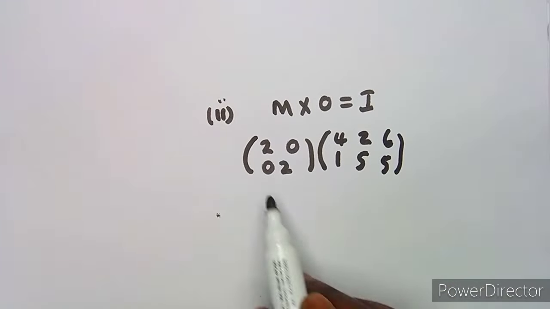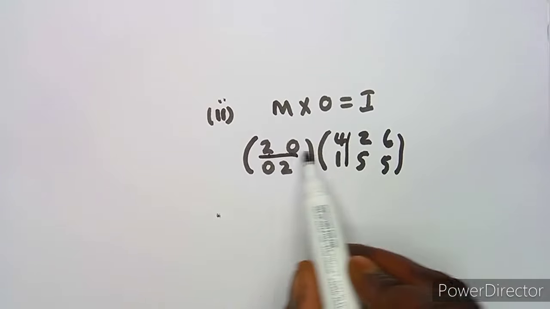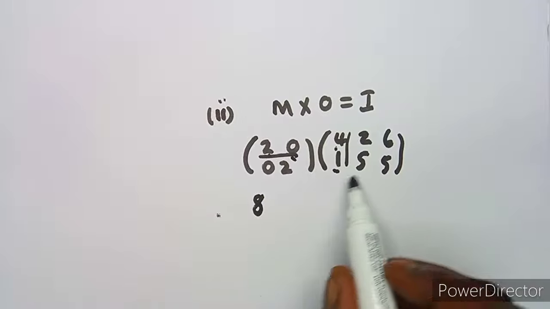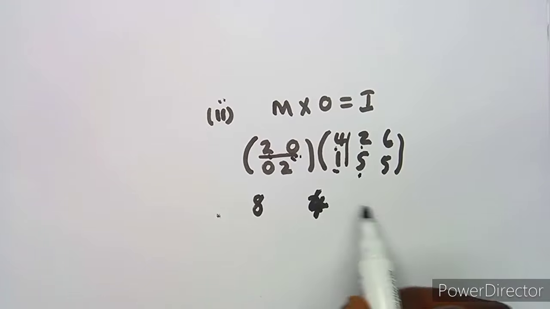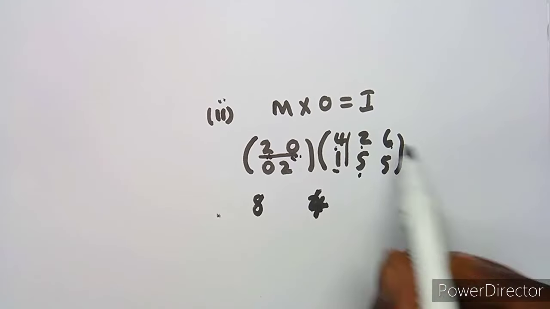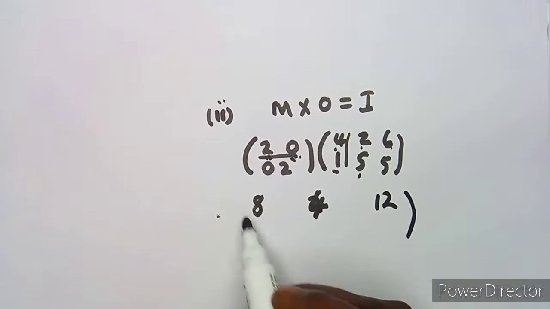So matrix times object is going to give us the image, so it's row by column. 2 times 4 is 8. Guys, you're multiplying by 0 here, so there's no effect. 2 times 2, that's 4. 2 times 2, that's 4. 0 times 5, you're adding 0 here, which is not going to change anything. 2 times 6 is 12, by 0, nothing is going to change.